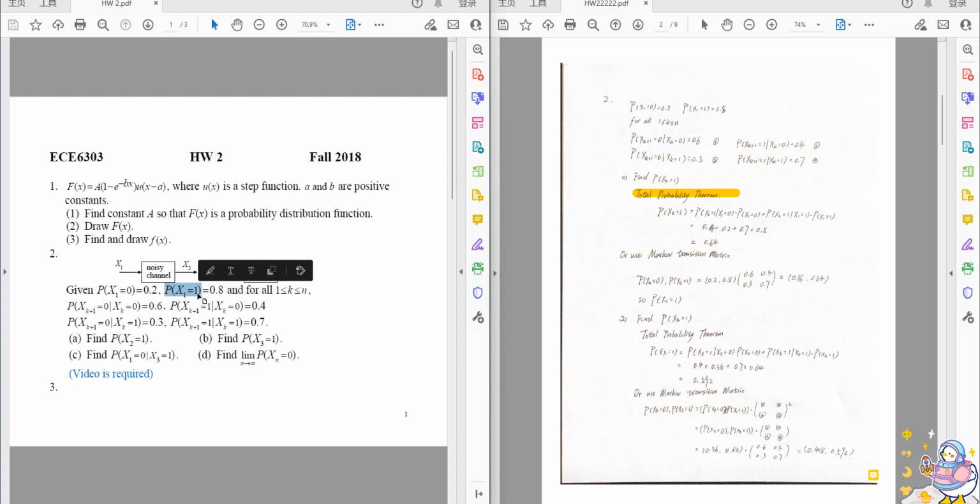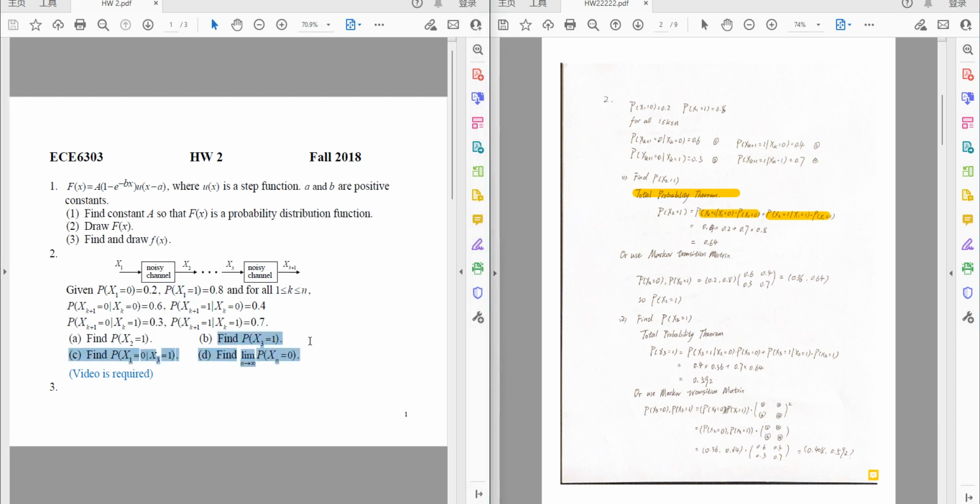So there are only two product items, these two, in this formula. So we can also get the probability of x2 equal to 1 is 0.64.